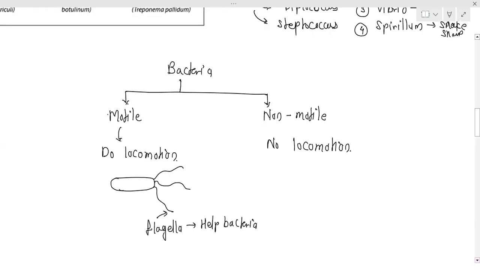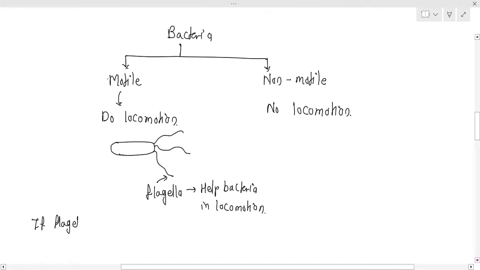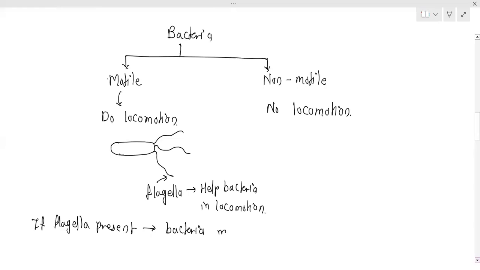That is locomotion, going from one location to another location. If flagella are present, the bacteria is motile. If absent, non-motile, no flagella.